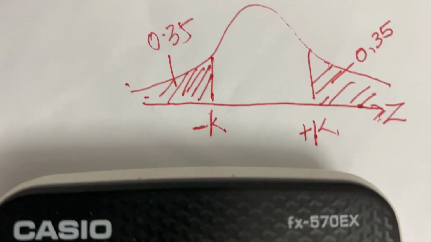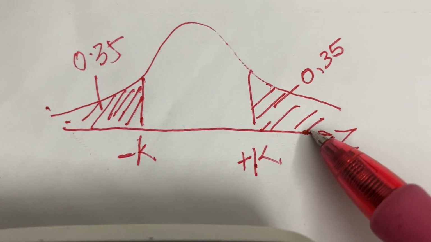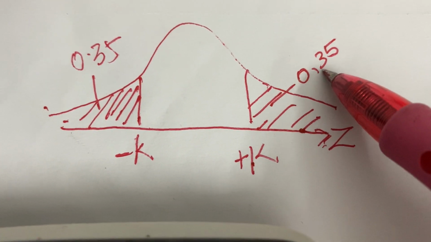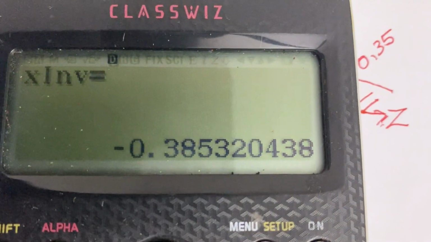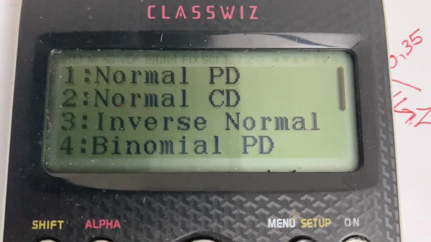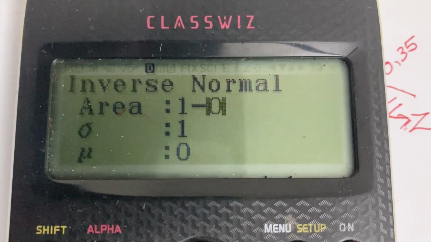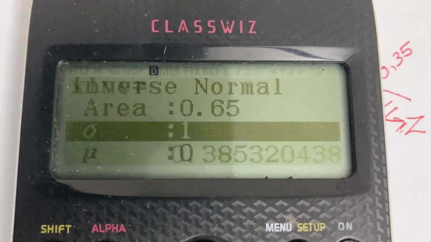If you want this area, you can press your calculator as 1 minus 0.35 and you get a positive. Let's say I am going to get the right hand side one. What I need to do is find the area, which is 1 minus 0.35.